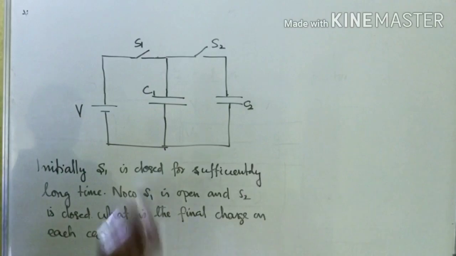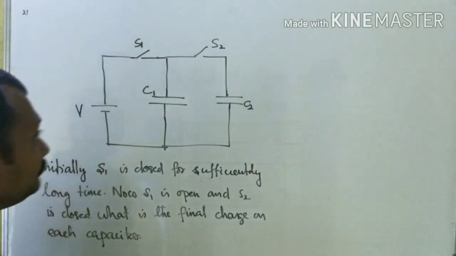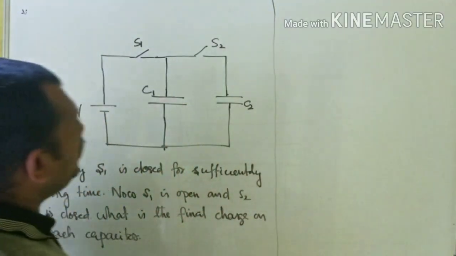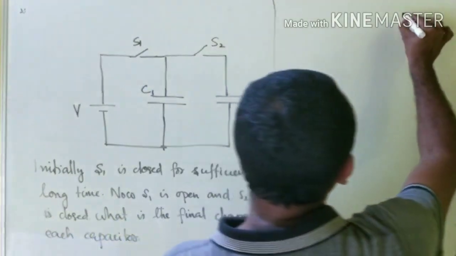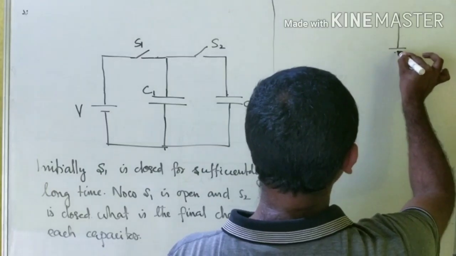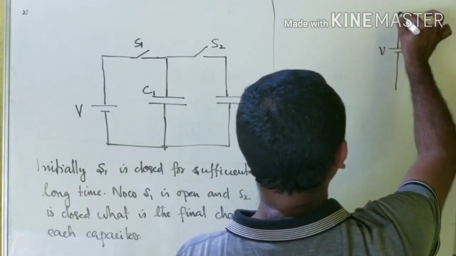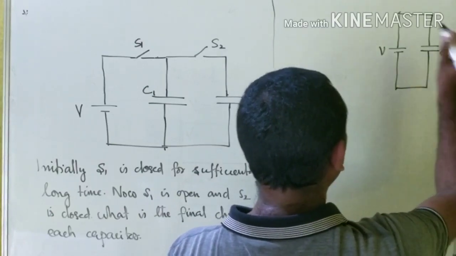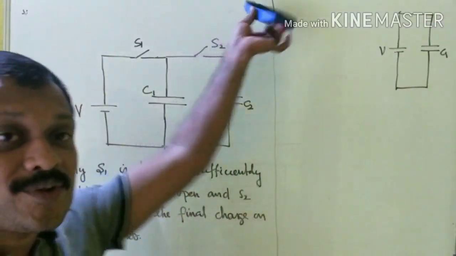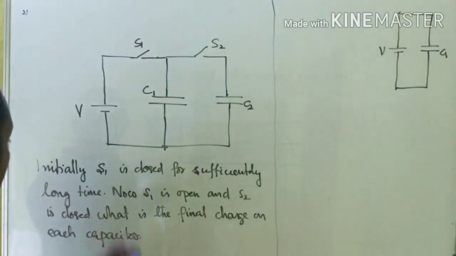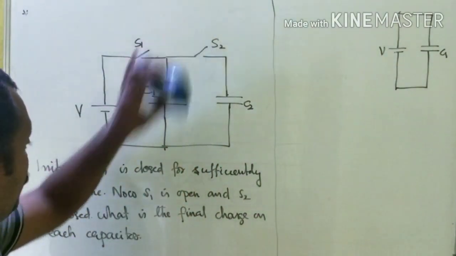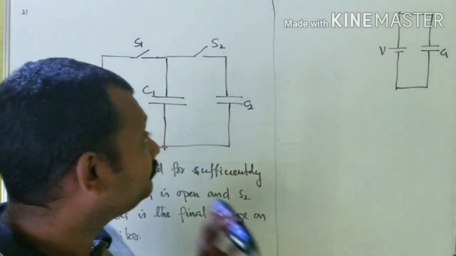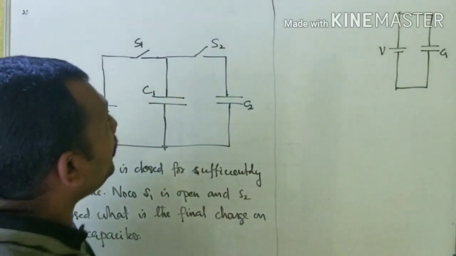Initially S1 is closed and S2 is open. That also should be included in the question. S1 is closed for a long time. We have to understand the circuit properly. This is V, this is C1. I need not draw C2 because the switch is open.